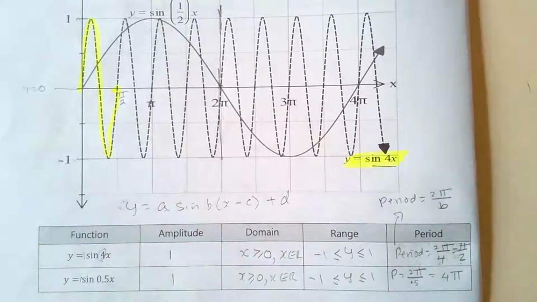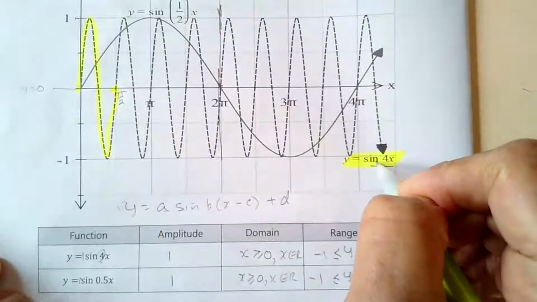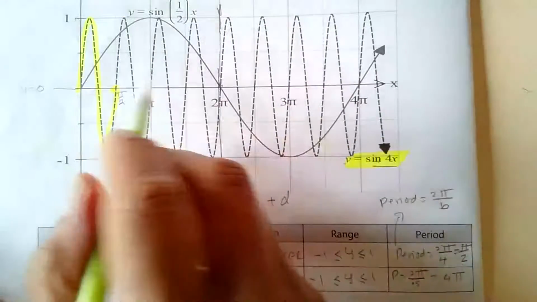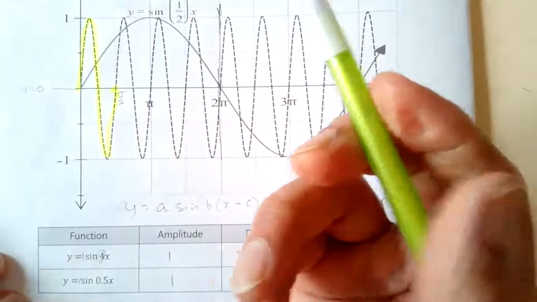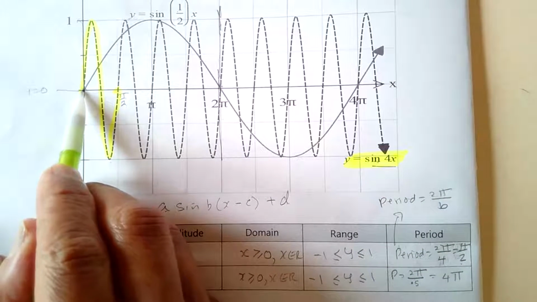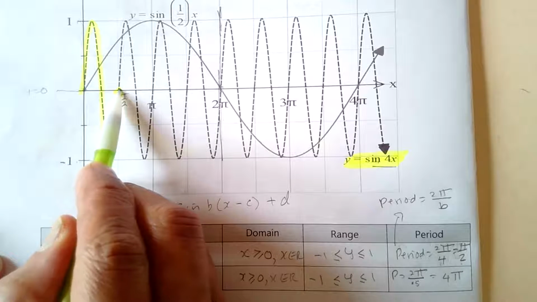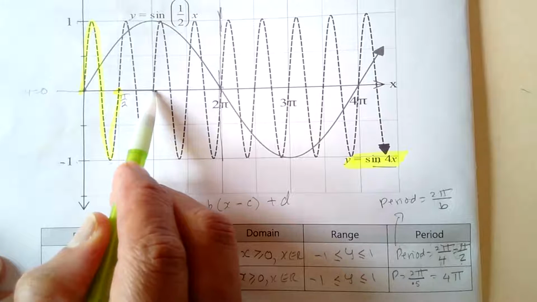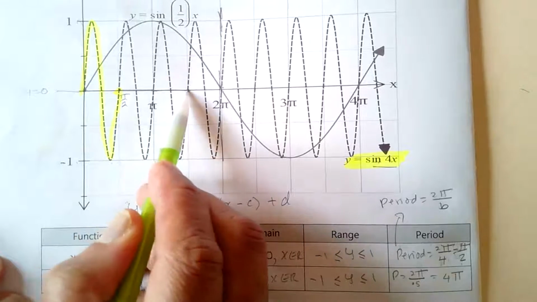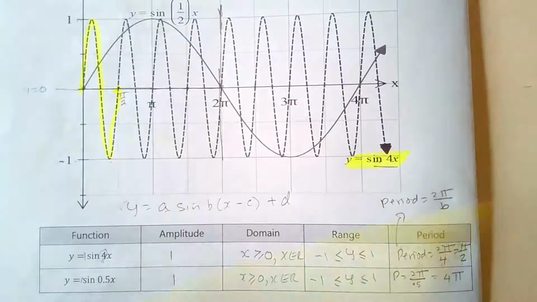Now if you count the number of cycles in 2 pi, we should arrive at 4. The easiest way to look at a cycle, if you're looking at the sine, is from the midline here. So this is one cycle, then we have 2, 3, and then 4. So we have 4 cycles.